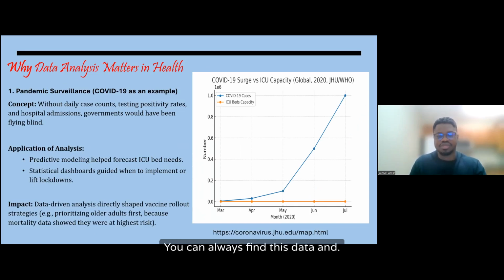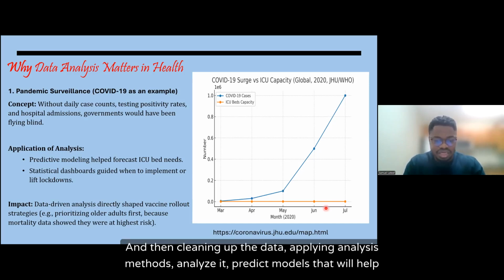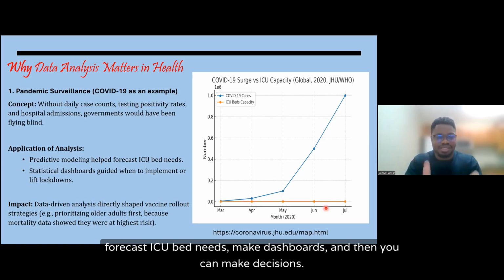And so the concept is getting data from daily counts, testing positivity rates, hospital admission rates, and then cleaning up the data, applying analysis methods, analyzing it, building predictive models that will help forecast ICU bed needs, making dashboards, and then you can make decisions.